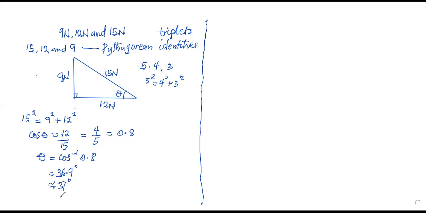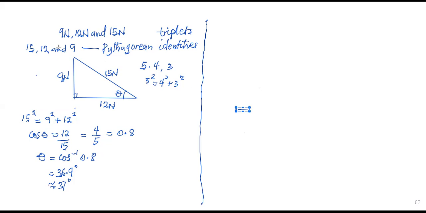Another way of doing the same thing, assuming I don't know that they are Pythagorean triplets: which other way can I solve the same question? I can draw them to obey the parallelogram law of vector addition. So this is one of them.